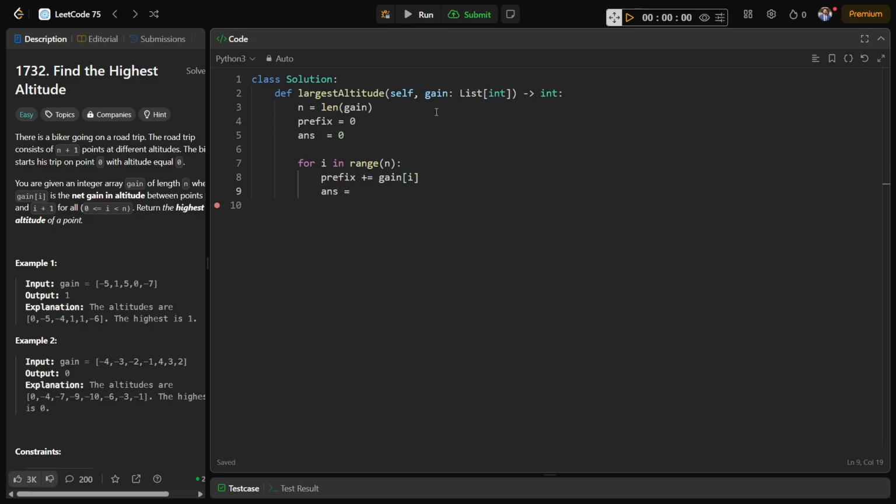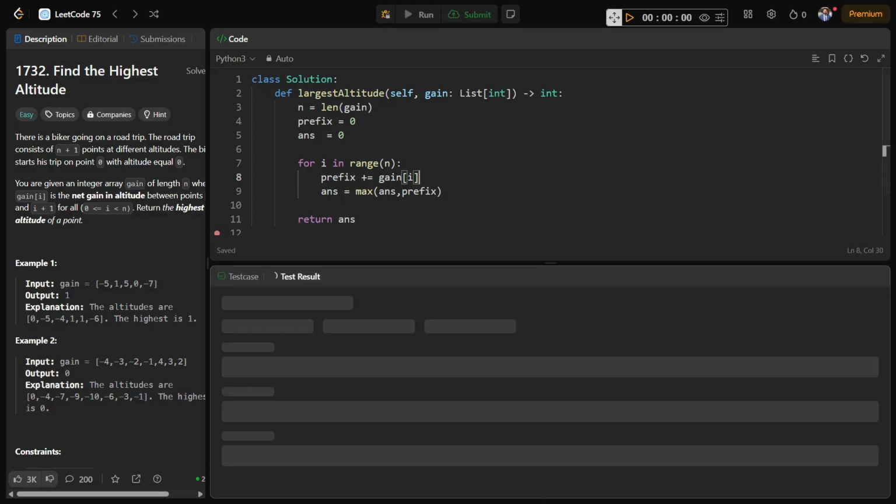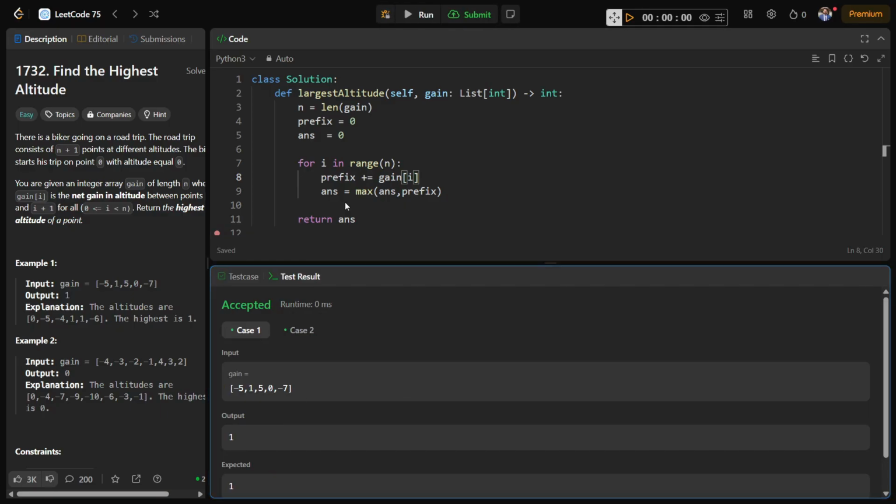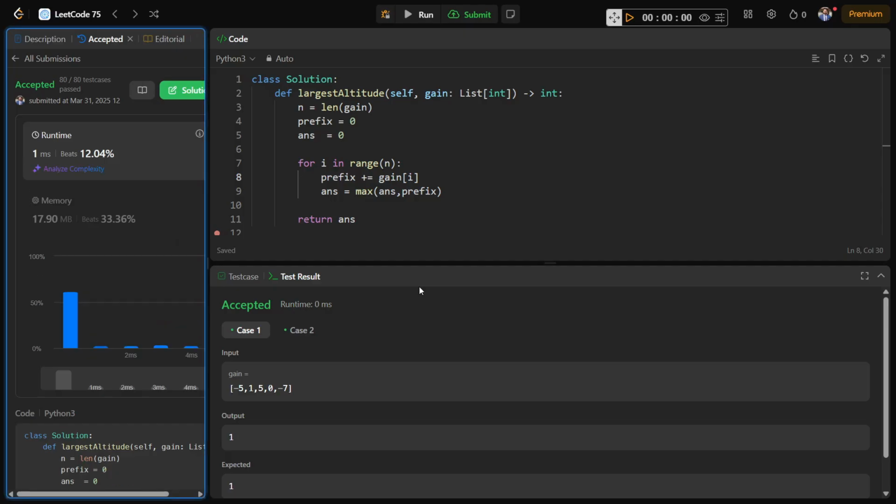Answer will have the max of answer, prefix, and we will return answer. Now let's submit the solution and see whether the test cases pass or not. Okay, now let's submit the solution. We have successfully submitted our solution.